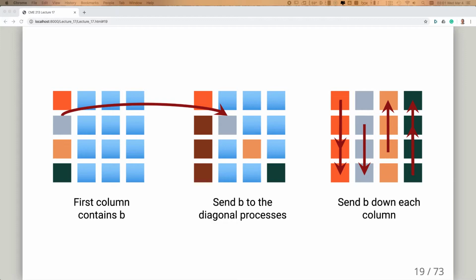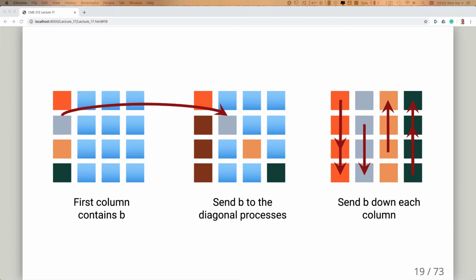But here, this is showing how the B data is moved about between processes. For example, this is showing a send-receive from one process to another process, and this is showing a broadcast, one process here to all the processes inside this column. So it's a broadcast in a set of 4 processes.